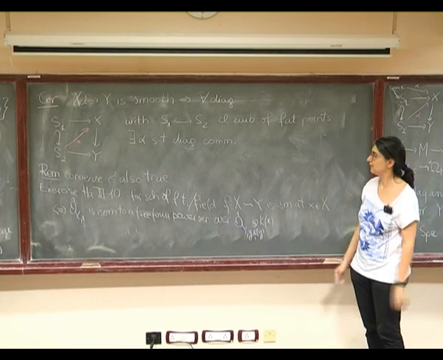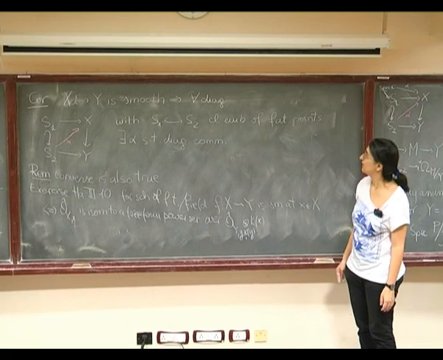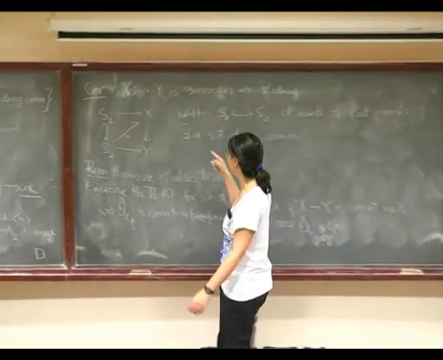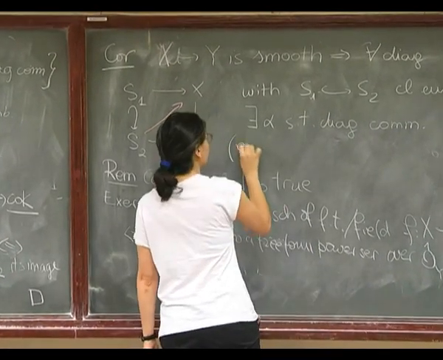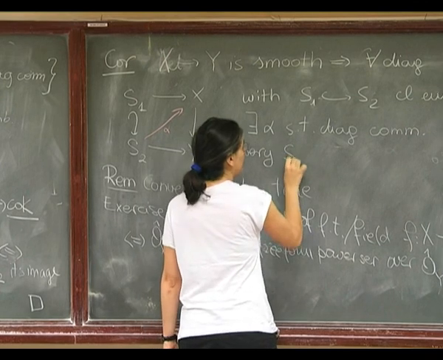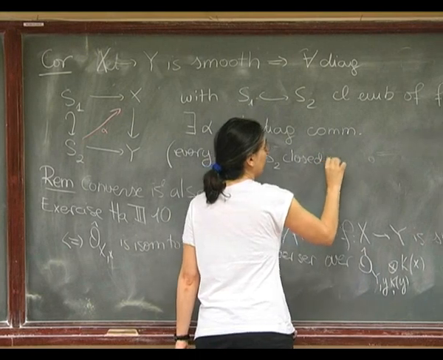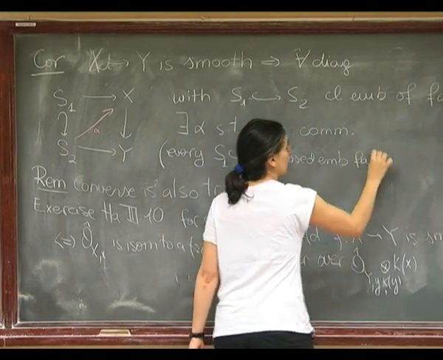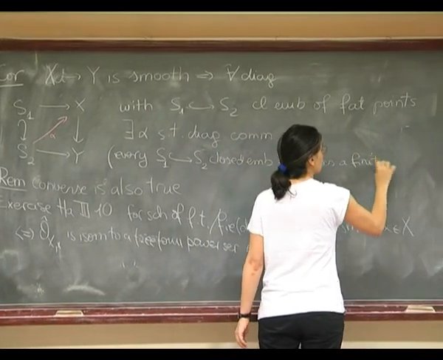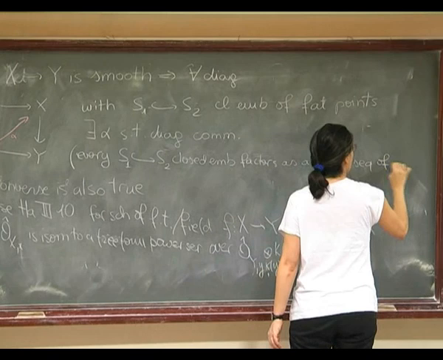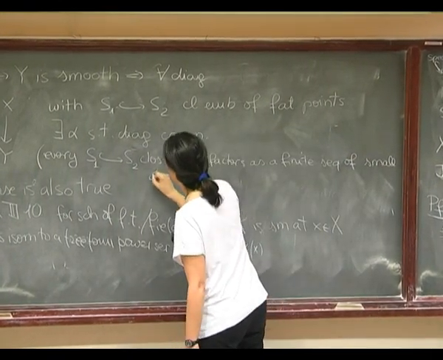You say this is a corollary, but earlier S1 and S2 were supposed to be at least semi-small. Oh yes, the point is, a remark that I always forget to say, that every closed embedding S1 into S2 factors as a finite sequence of small, or semi-small, or square zero closed embeddings.